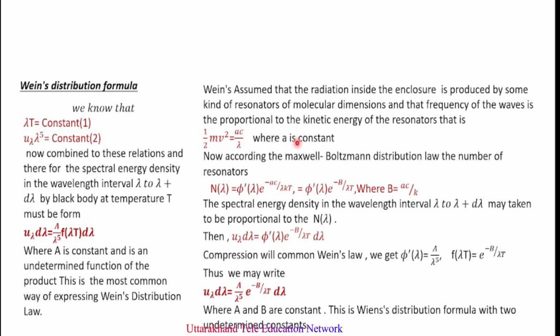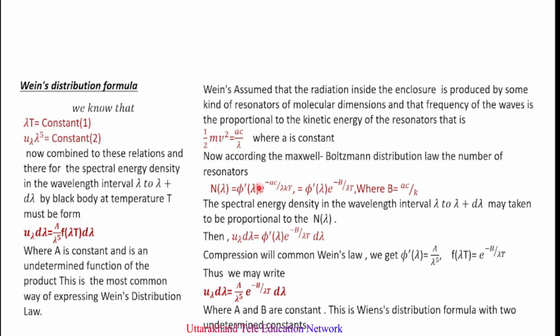This is Wien's assumption. When we consider the radiation as a resonator inside the enclosure, we can apply the Maxwell-Boltzmann distribution law, which gives the number of resonators n lambda in the range of lambda, equal to phi dash lambda e to the power minus AC upon lambda, that is the energy, into K into T, where K is the Boltzmann constant.